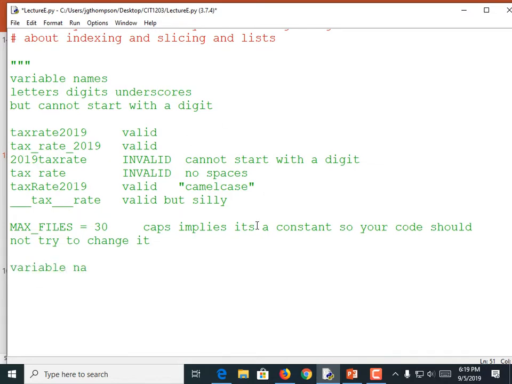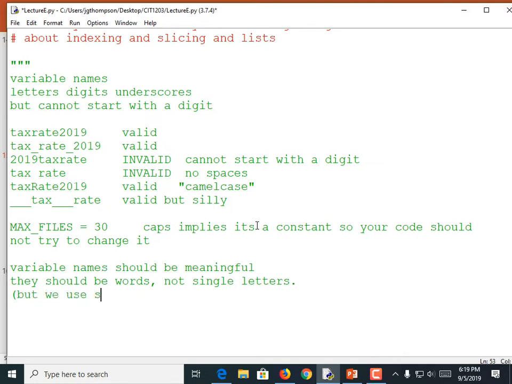Variable names should be meaningful. Meaning single letter variable names are for the birds, but I use them anyways because they're so easy to type. They should be words, not single letters, or combinations of words, right? Tax rate.